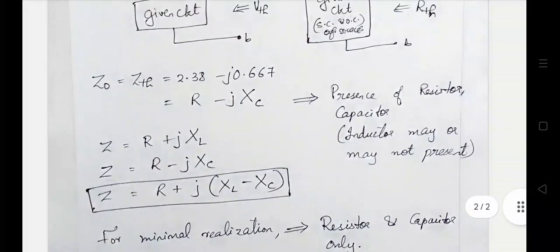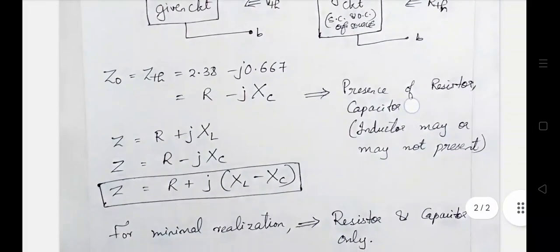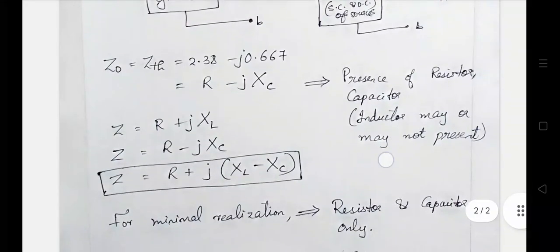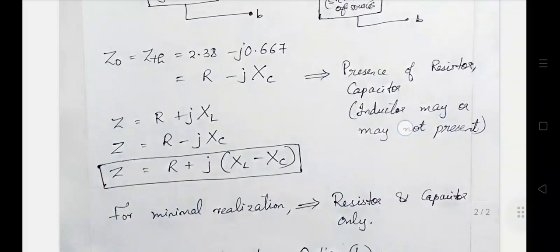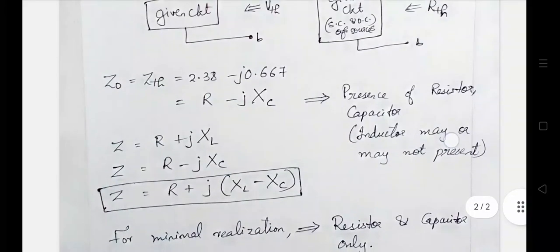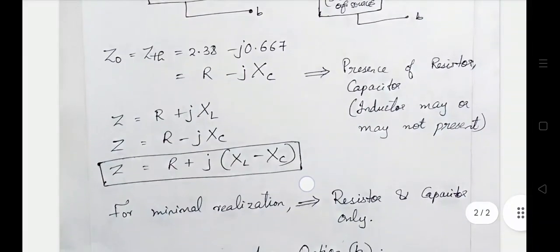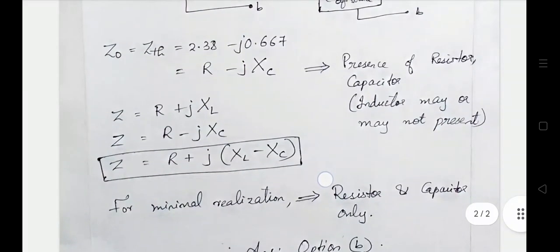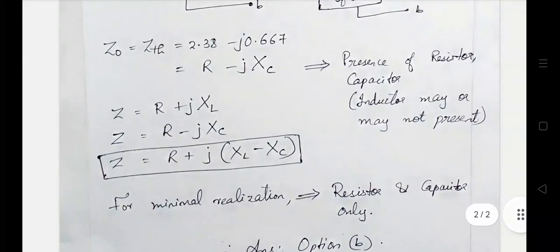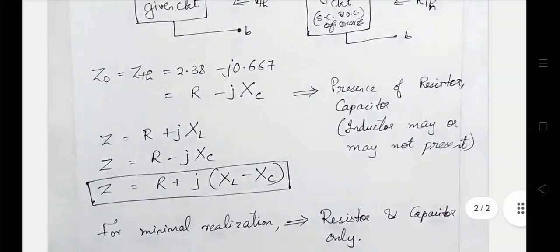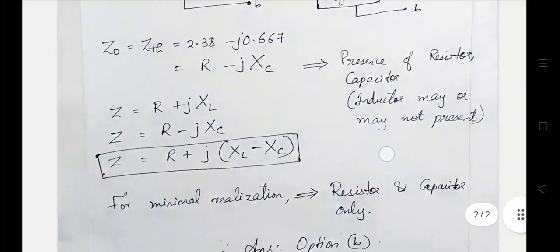Therefore, we cannot blindly say that there is only a resistor and capacitor, there may be an inductor present in the circuit. That's why I wrote this in the bracket: inductor may or may not be present. Because if the inductive reactance value is less than the capacitive reactance, then in effect the formula again becomes R minus jXC form. The negative sign dominates.